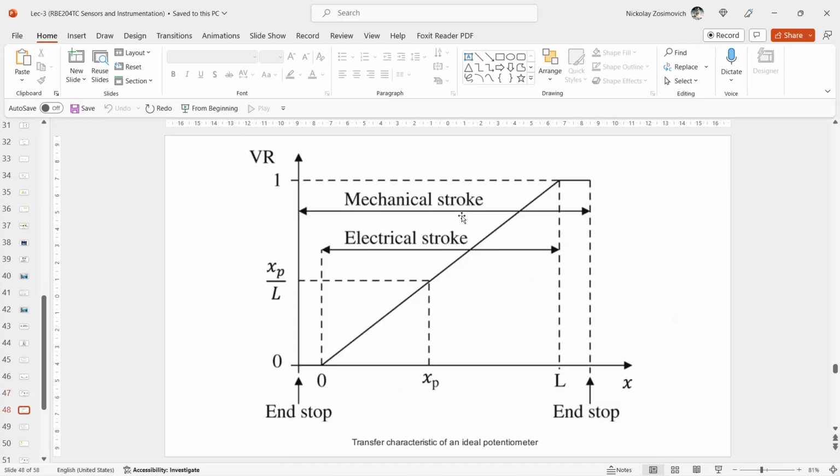The VR of the potentiometer equals RT over R, which for an ideal potentiometer is equal to X over L, where L is the electrical stroke and X is the distance between the start point and the wiper point. So we can measure and have this VR diagram.